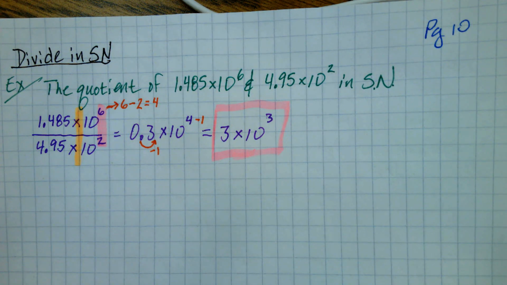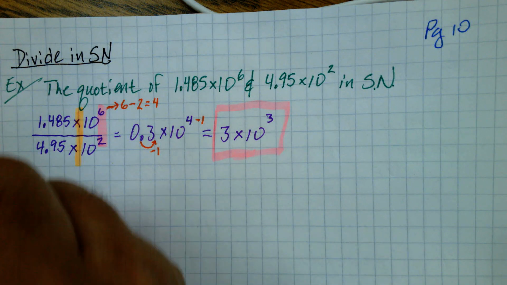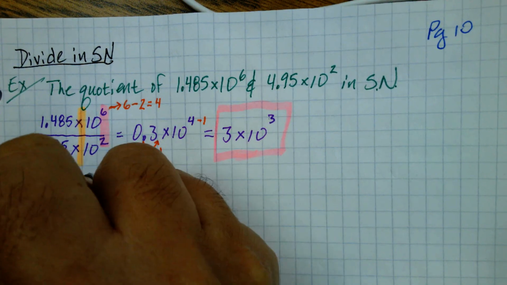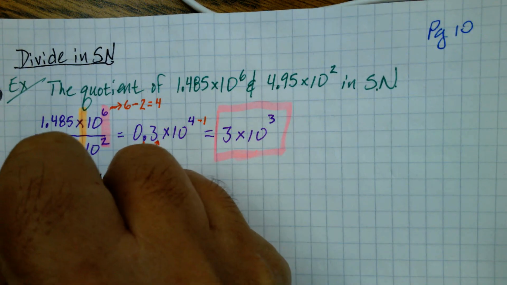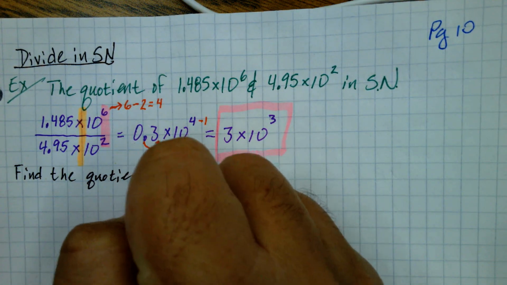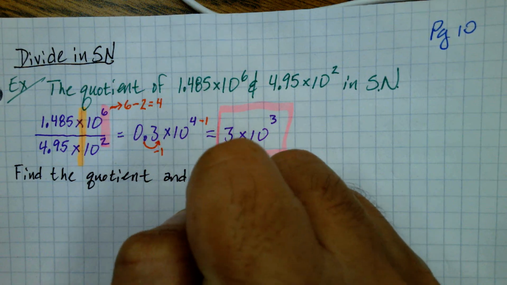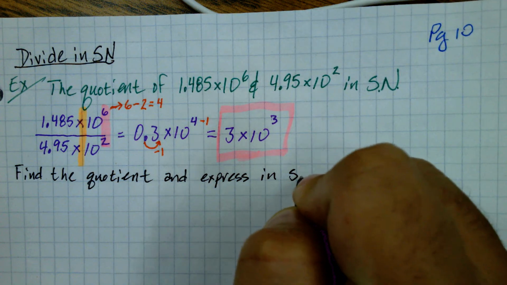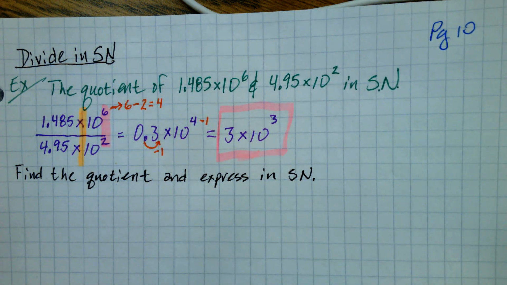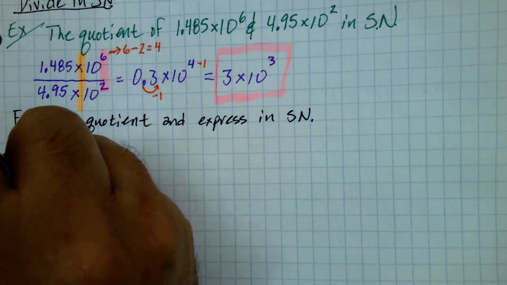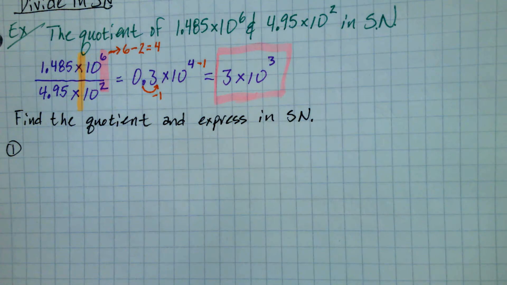So we're going to find the quotient and write the answer in scientific notation. Find the quotient, and we're going to express that in SN. I'm going to just write them in this format.